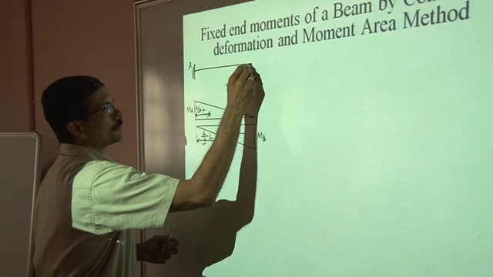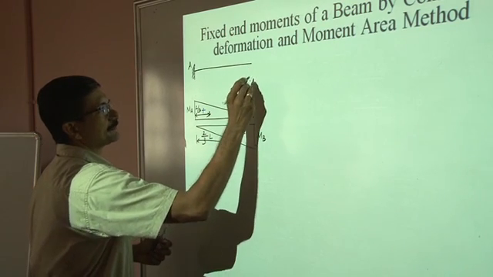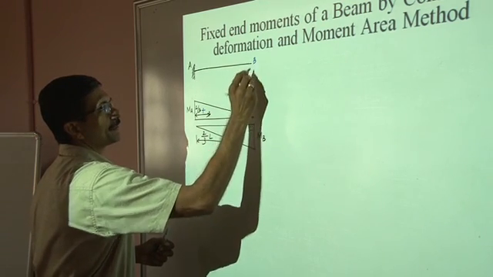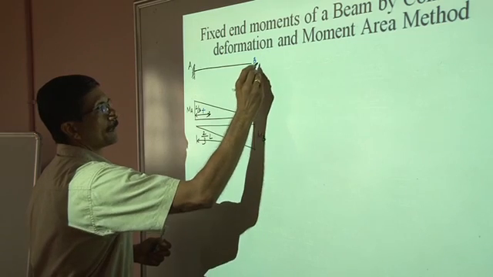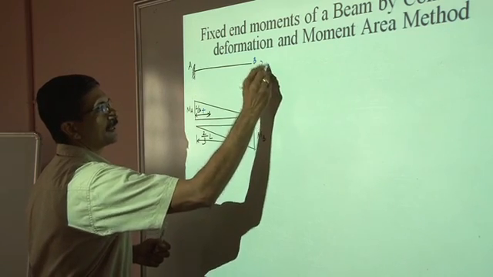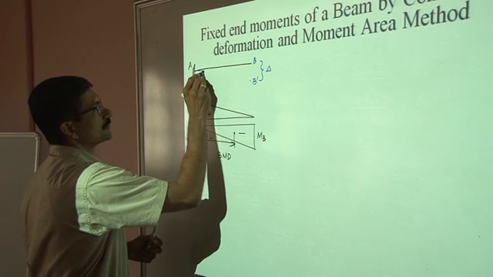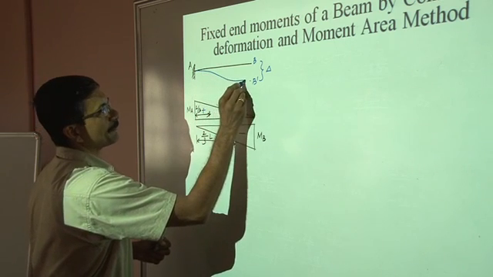Suppose this support moves down by some distance delta. So this is original B, now this is B prime. This displacement is delta. So this is the deflected shape of the beam.